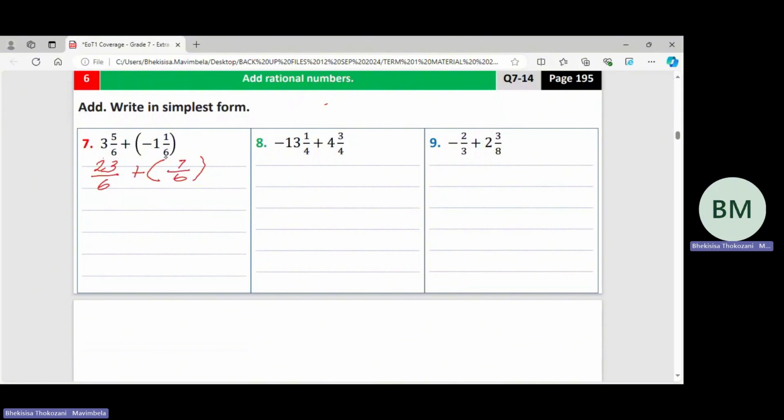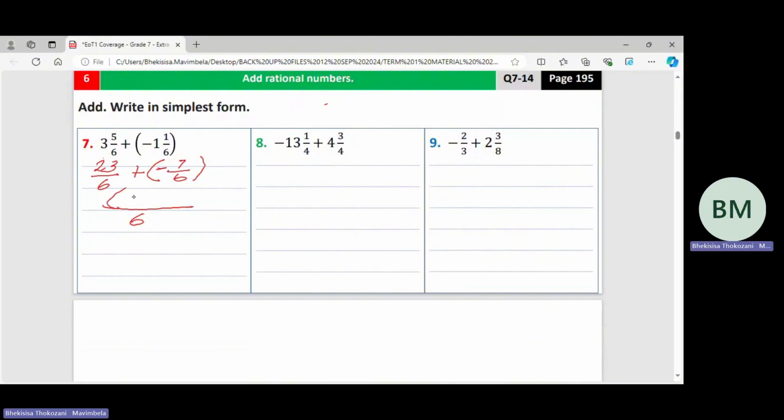And now, remember this minus, so everything here is minus. So again, the rules are going to change here. I'm going to take one of the denominators, just write them down. And since the signs are not the same, we take the sign of the bigger number, which is positive.